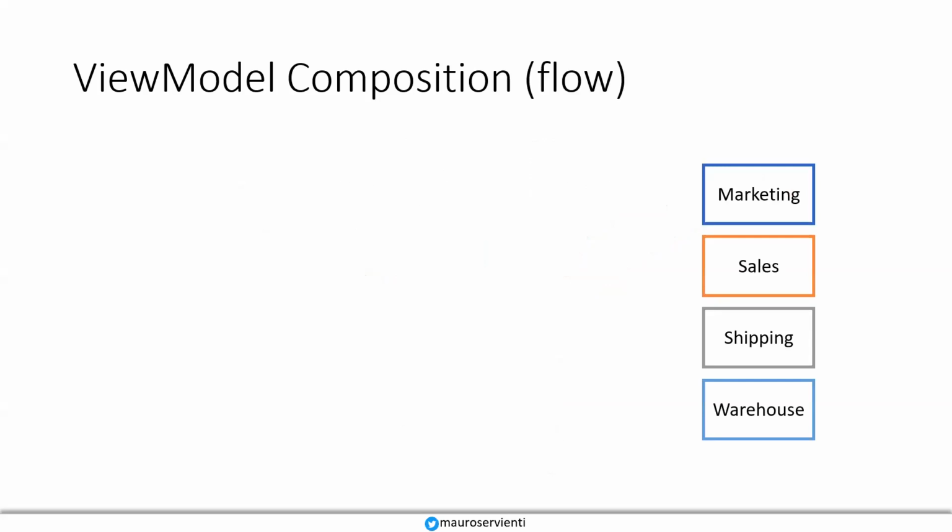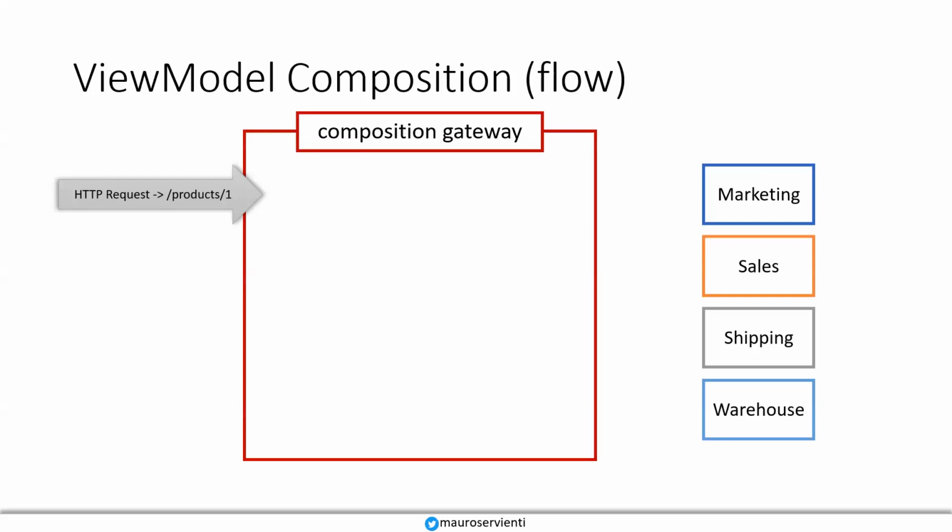So the flow would be something like this. There's an incoming HTTP request that comes in, /product/1, that goes to something that we can call a composition gateway. If that features in your mind like a reverse proxy, that's what it is. That composition gateway does 2 things. The first one is request matching.